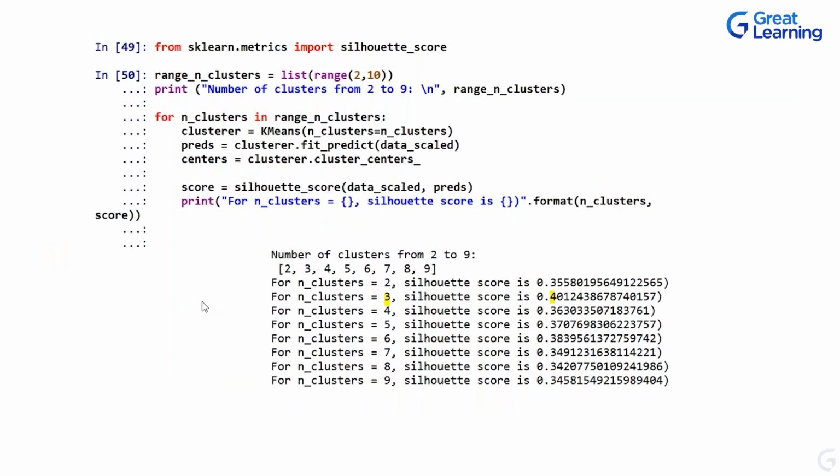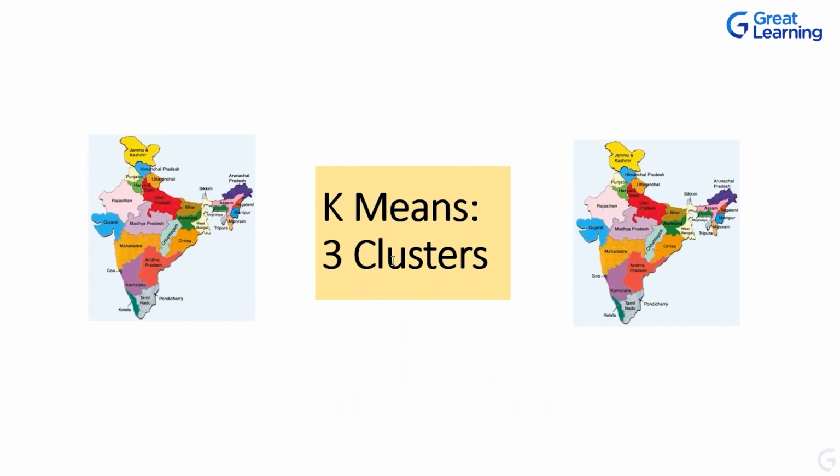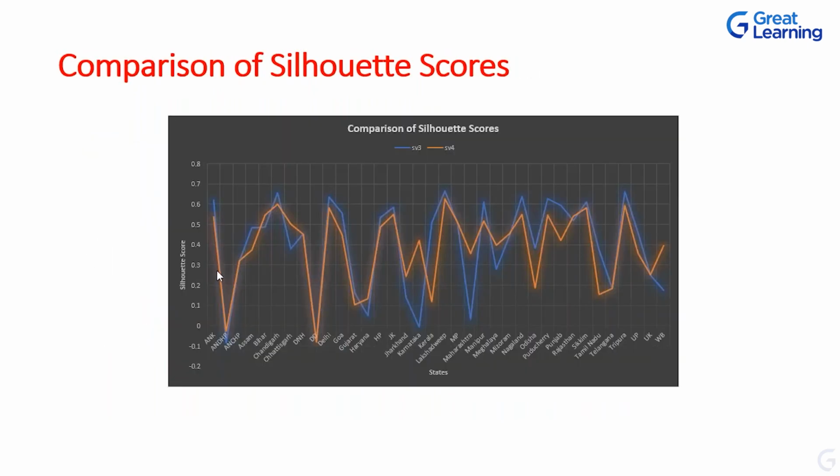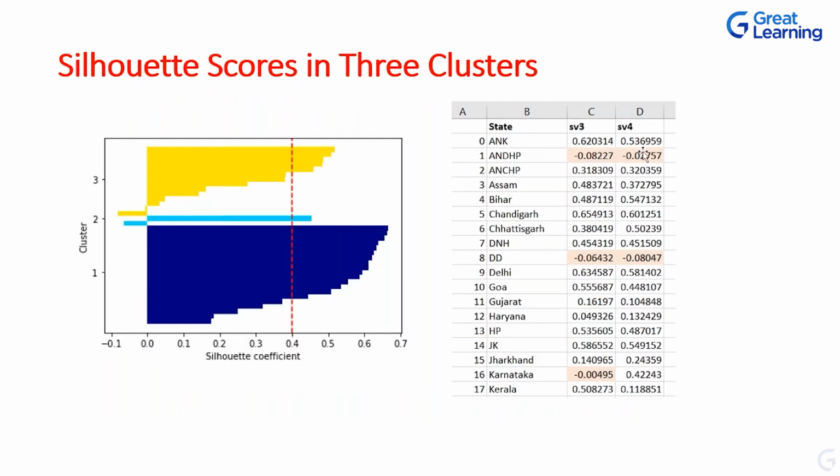So what we have to do? We have then done 3 clusterings, and we had compared silhouette scores with 3 and with 4. When we were doing 3 number of clusters, one more state, Karnataka, was found negative in terms of silhouette score.